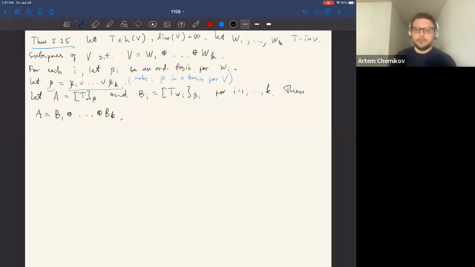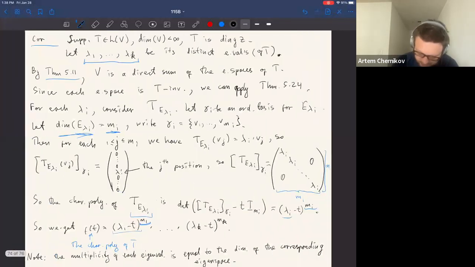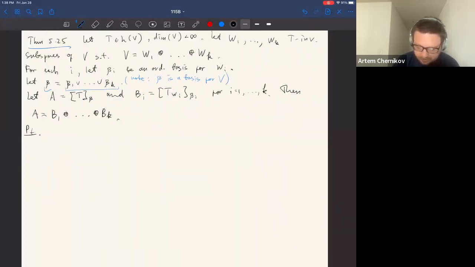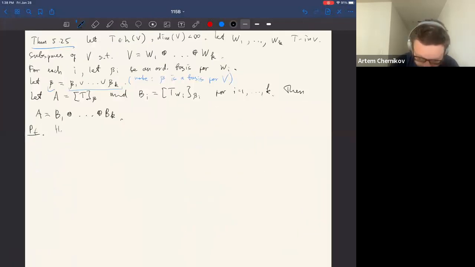So if we can split our space into a direct sum of subspaces invariant for T, then the matrix representing T consists of these blocks representing T restricted to the corresponding subspace. The proof of this is in fact a homework exercise, but as you can see, the idea is to use the earlier result that we proved. So, homework.